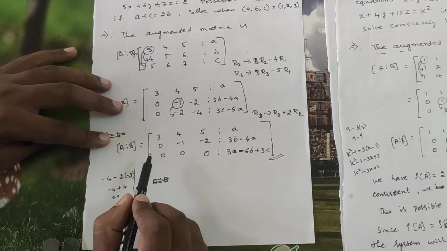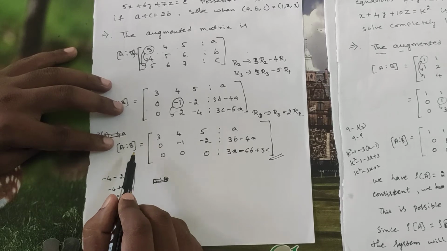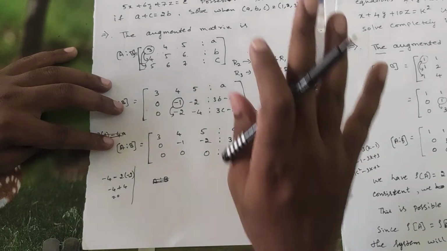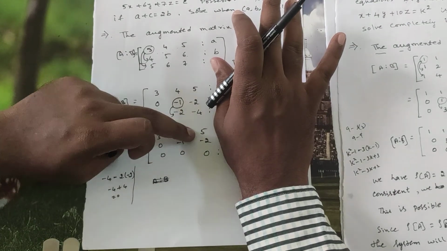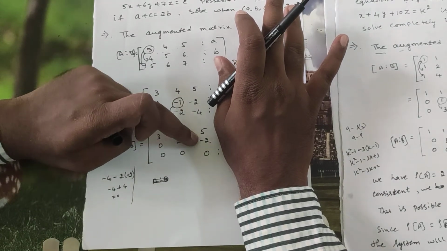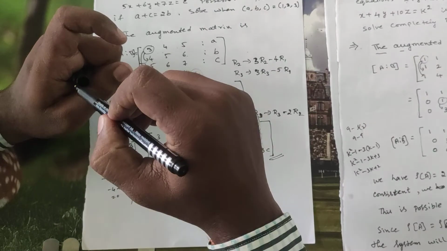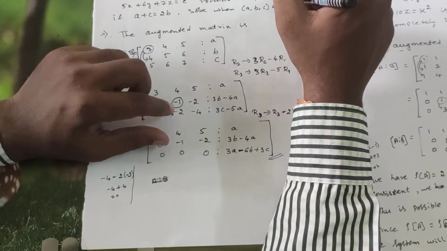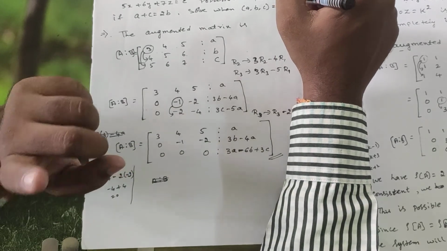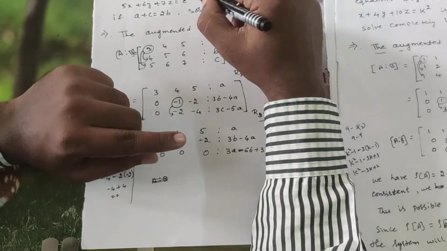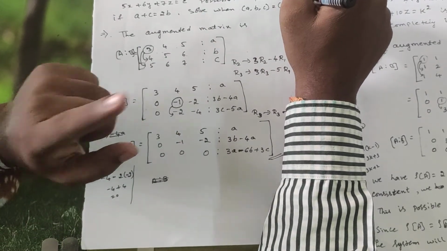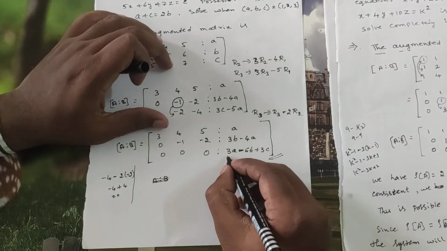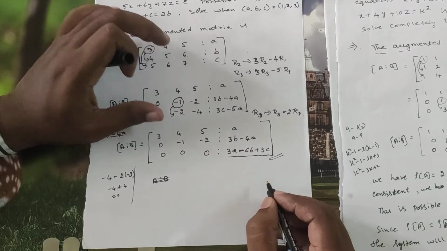So now what is the rank of the augmented matrix? Rank of augmented matrix is 3, and rank of A matrix is the number of non-zero rows, 1 and 2, so rank 2. So what they told, the equation possesses a solution. Possesses a solution means the equation has a solution, so the given equation is consistent when it is possible, if it is 0.